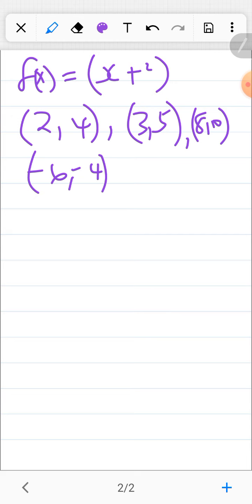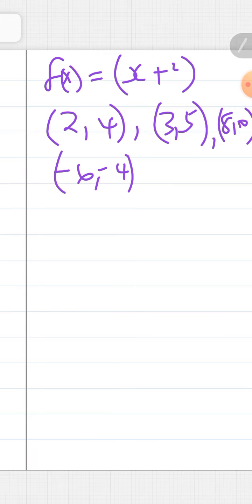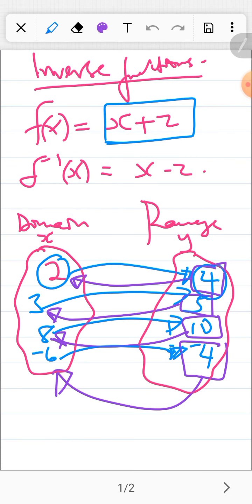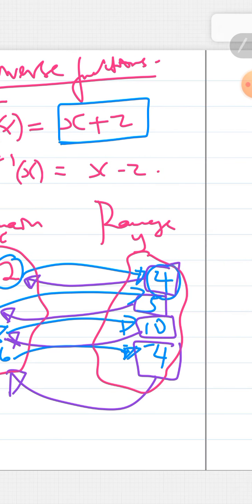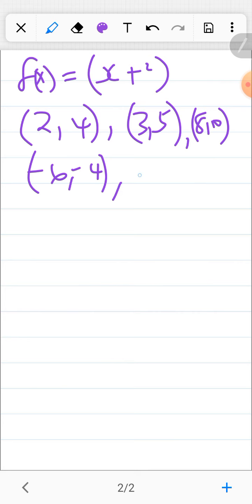Do I have any others? Nope. Okay, and if I had any other points, if I had like a 10, I would go to 12. Those are the coordinate points of the function f(x).